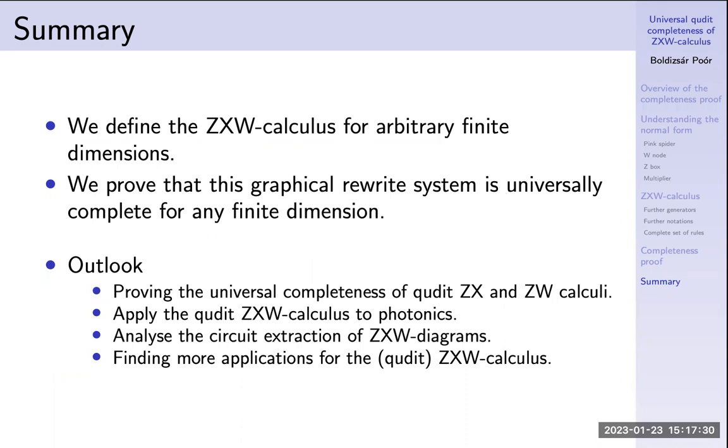And if we could actually work out how to use these results in actual quantum computers, that would be really exciting. And lastly, just looking for more applications for the Qudits ZXW-calculus, or just the qubit version. And that's it. Thank you so much for your attention, and I'm happy to answer any questions.